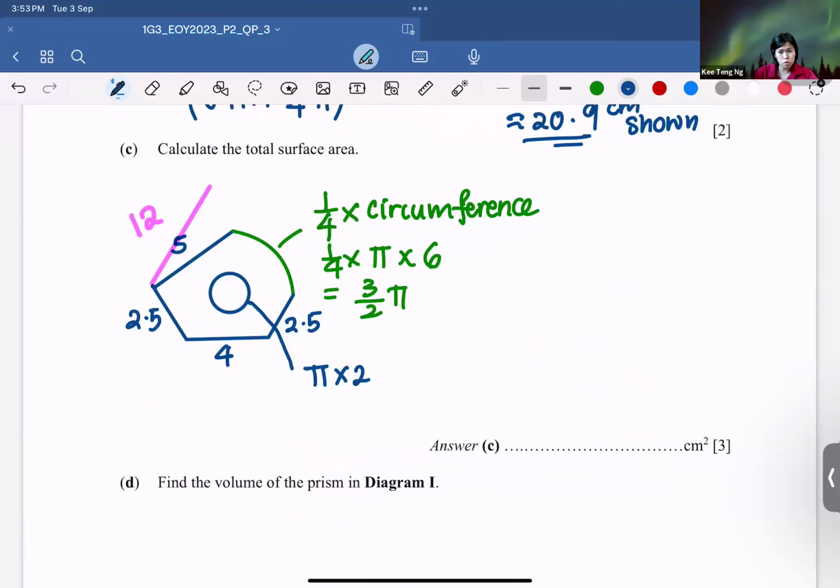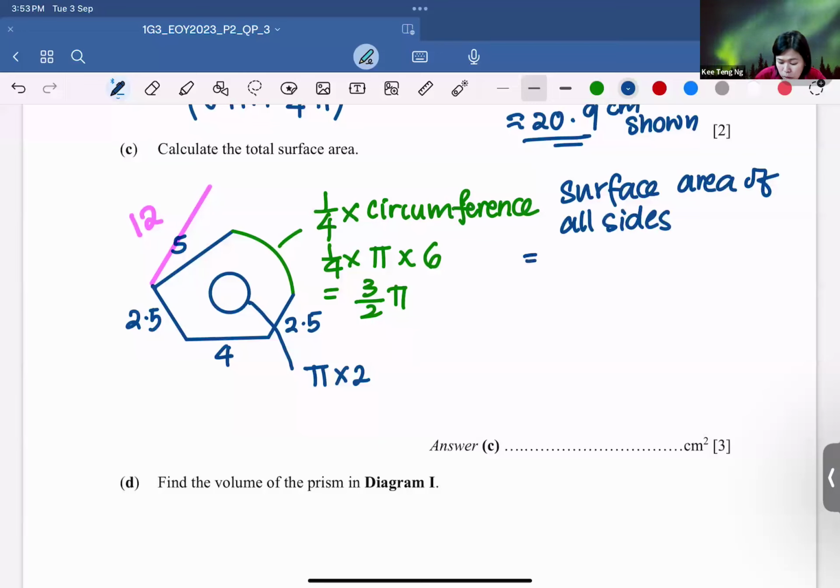So what I'm going to do is find the surface area of all the different sides, all the sides only.